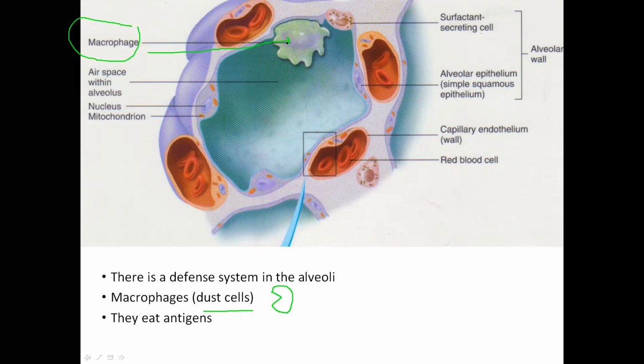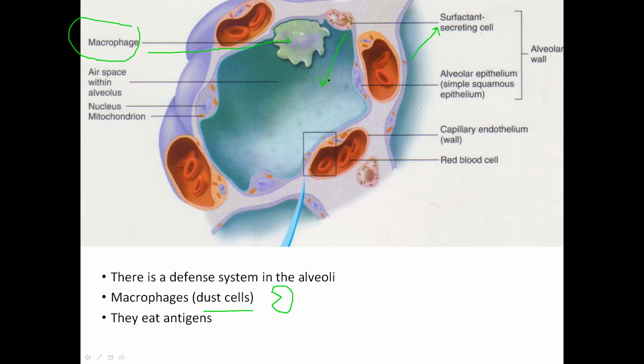We have a surfactant in there. The surfactant is a type of lubrication. So we have surfactant secreting cells, and they release a small amount of lubrication to keep the lungs somewhat lubricated and moist.